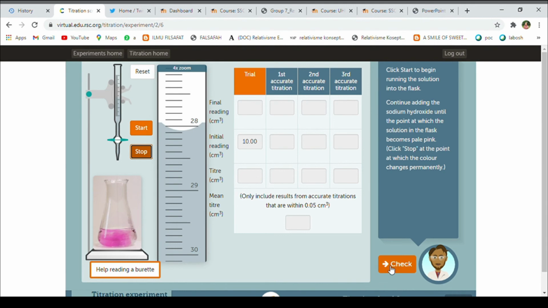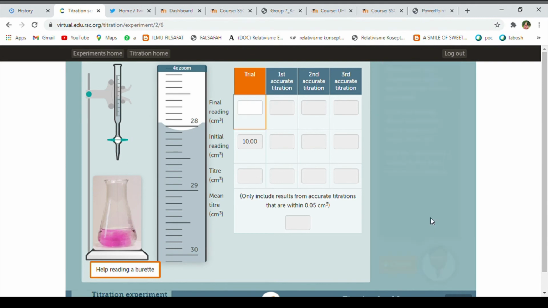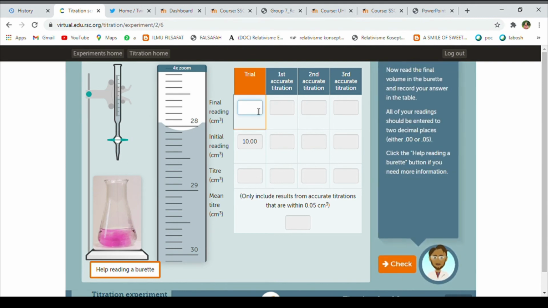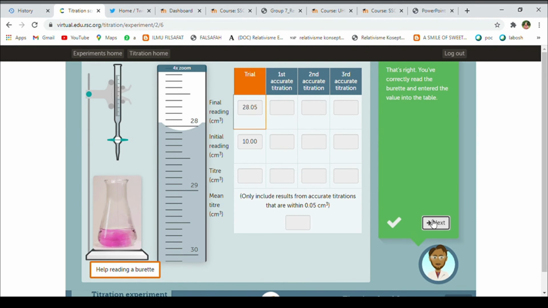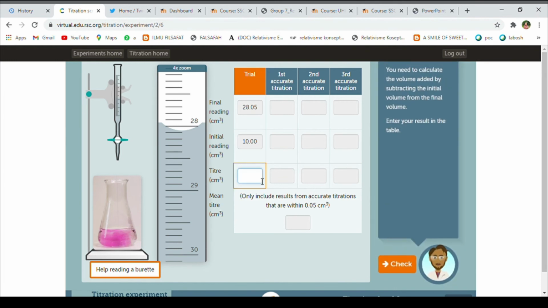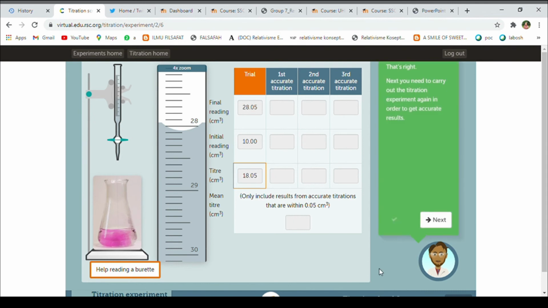And then we jot down the final reading, which is 28.05 cm³. After that, we have to find the volume of titre, which is we subtract the initial reading from the final reading. And we get 18.05 cm³ for the trial titration.